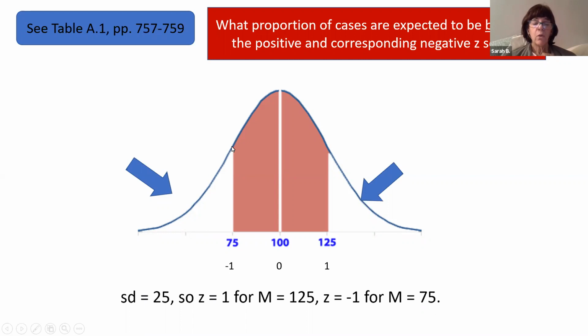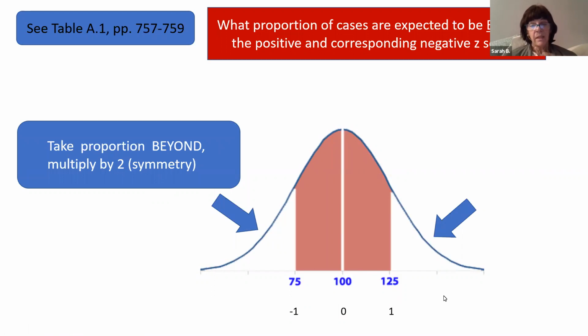And we don't want to find out the proportion below this value of z equals 1. We want to find the proportion in the left tail or the right tail, the total proportion that would be expected beyond either z equals -1 or z equals 1.